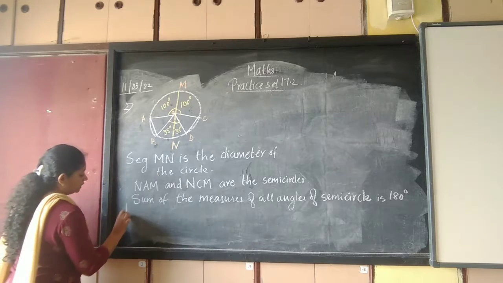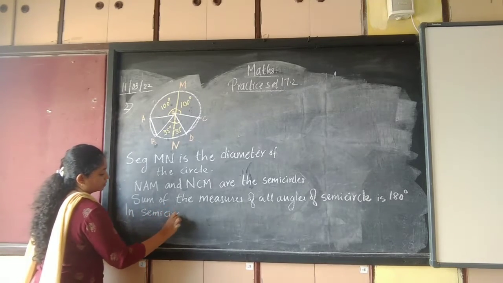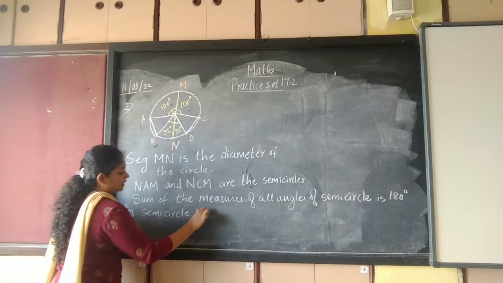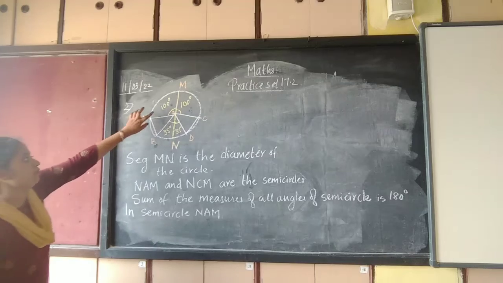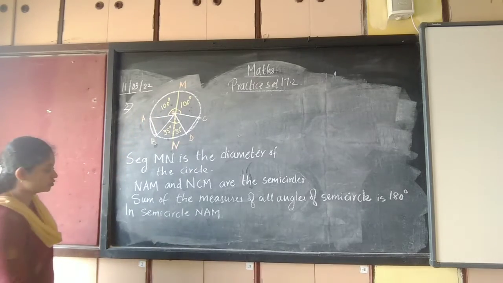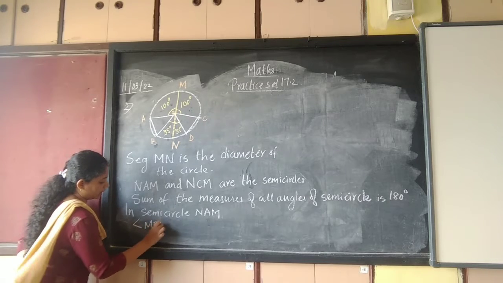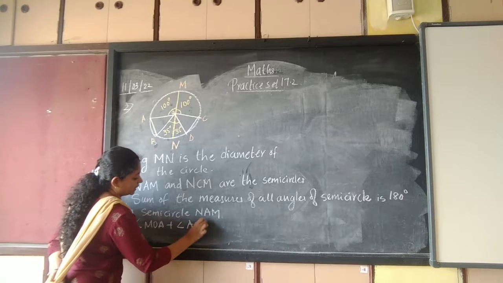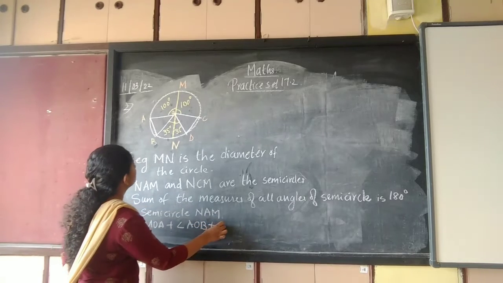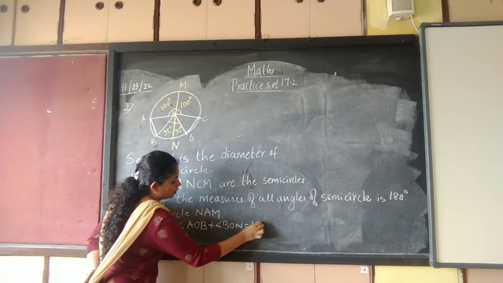Okay. Now we have to see for semicircle NAM. Which are the angles formed? 1, 2, 3 all together. So we will name the angles: angle MOA plus angle AOB plus angle BON is equal to 180.